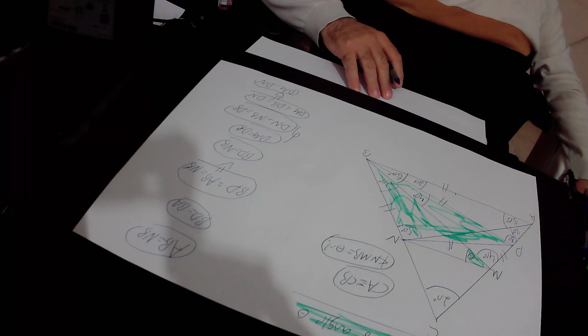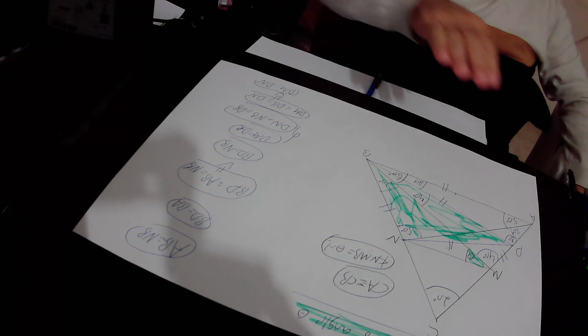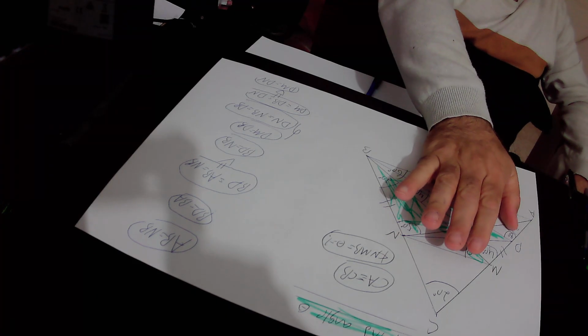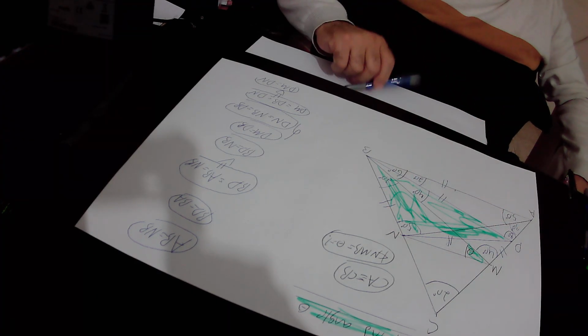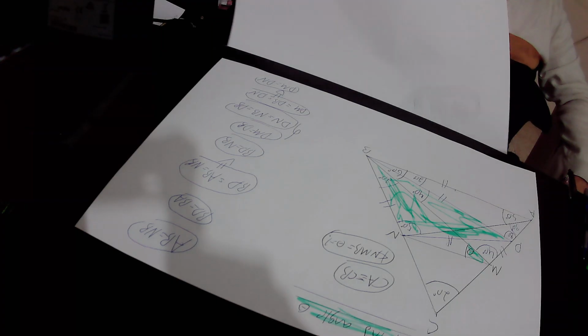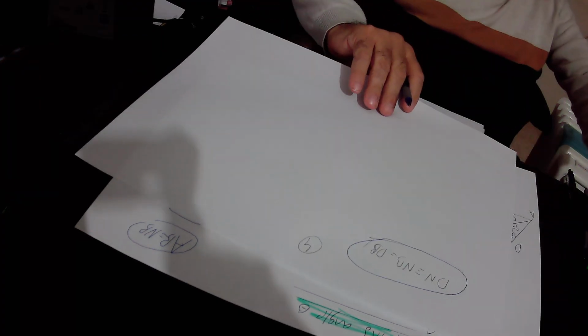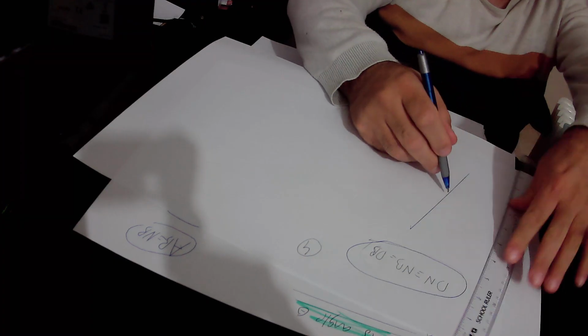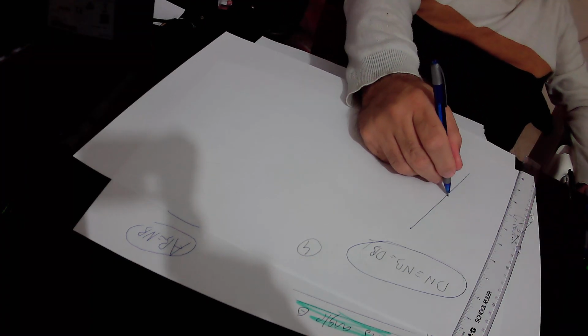Okay, in the next step, we'll focus on this side of the straight line CA at point D. So I copy the straight line CA here. This is the straight line CA. We focus at point D on this straight line.